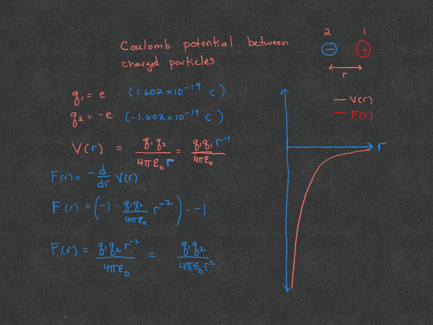It goes to 0 more rapidly because r squared is in the denominator, so at large separations it goes more quickly to 0. It also goes to negative infinity more rapidly, so at some point it crosses over. It's, again, not very pretty, but that's what it is.